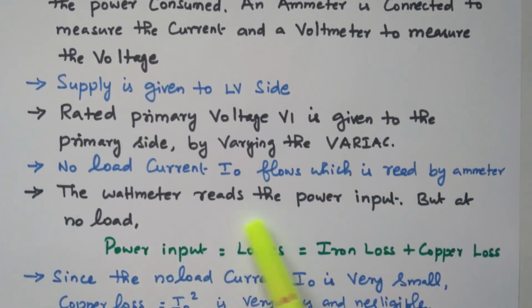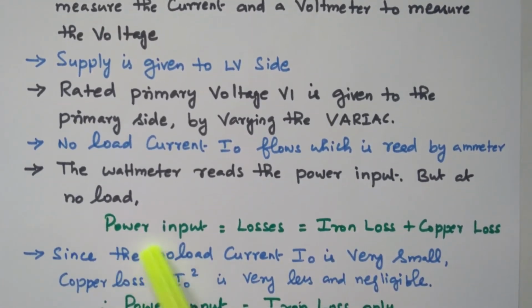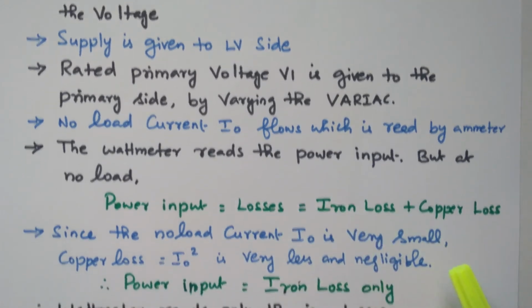The wattmeter reads the power input at no load. So the no load power input equals only the losses, that is iron loss plus copper loss.